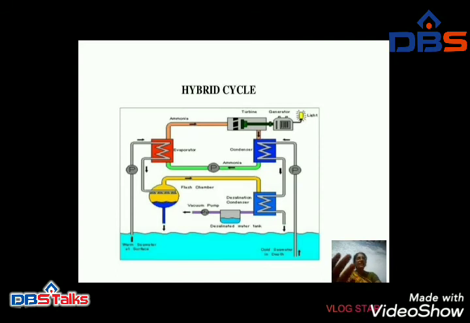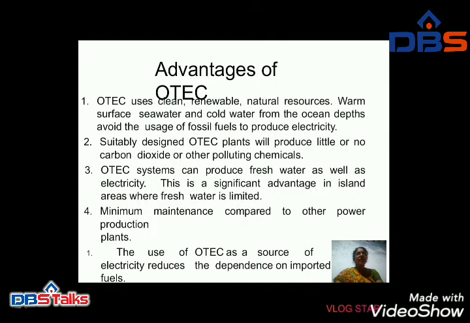And then, what are the advantages of this OTC system? Mainly, it helps in producing fuels such as hydrogen, ammonia and methanol, and it also produces base load electricity, and it also produces desalinated water for industry, agriculture and residential uses.